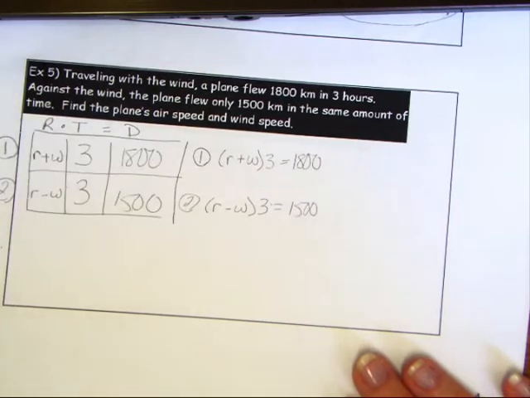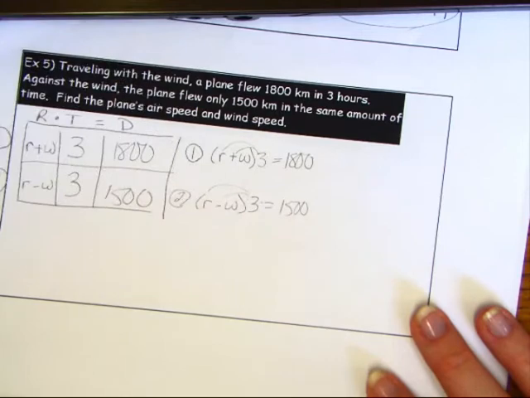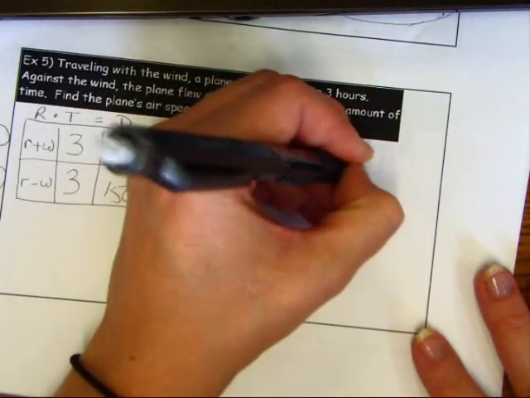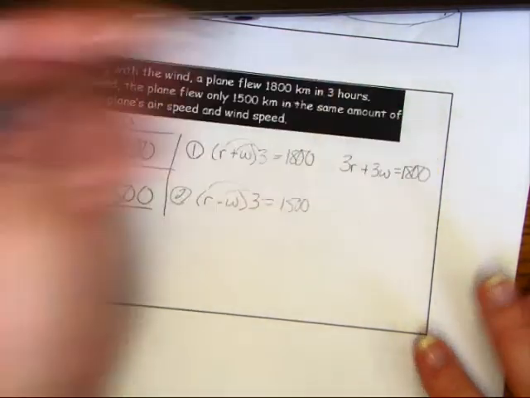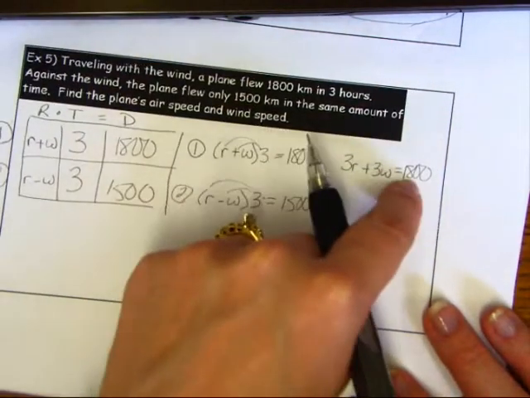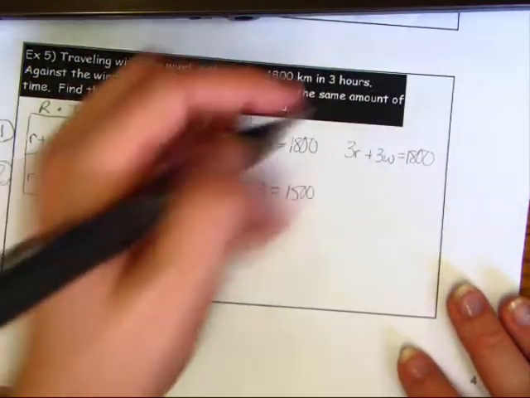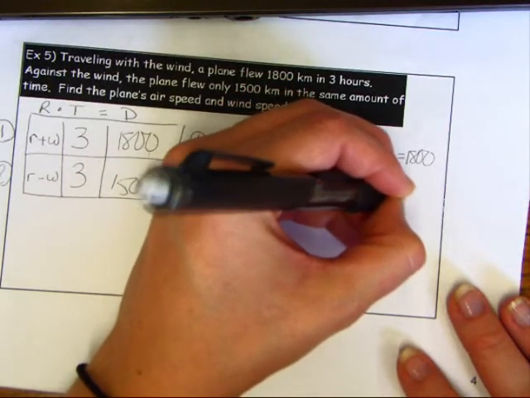Let's distribute in and see what we get. Now we're backwards distributing, but don't worry, it's the same as regular distributing. That is 3r plus 3w equals 1800. P.S. Some students notice you can divide out a 3. I'm going to pretend you don't notice that. And down here, 3r minus 3w equals 1500.